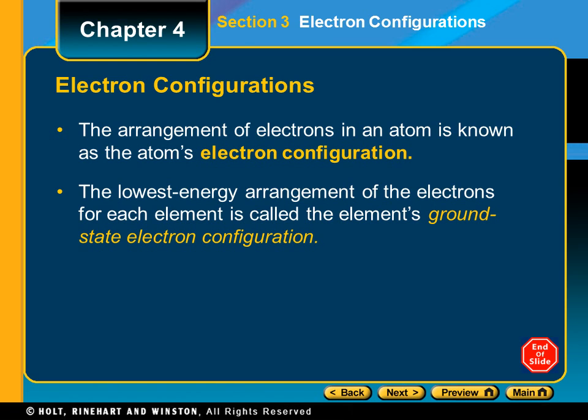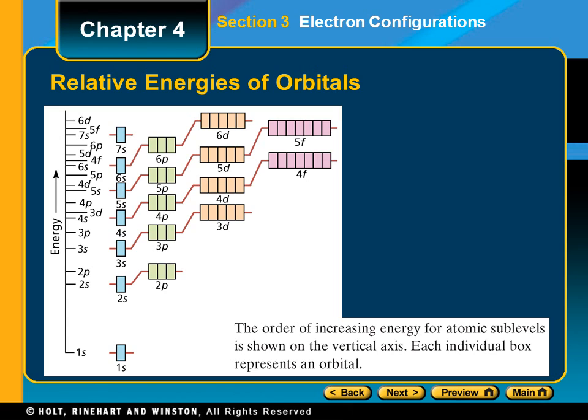The lowest energy arrangement of the electrons for each element is called the element's ground state electron configuration. So where we are looking at the arrangement of electrons in the lowest energy state, that is the ground state electron configuration.